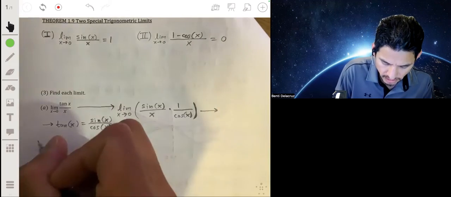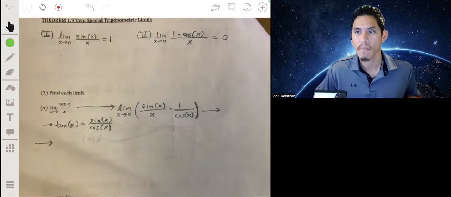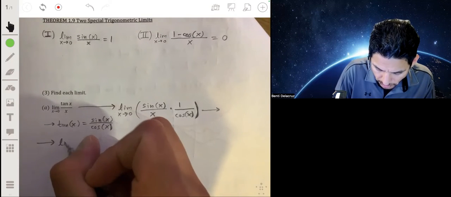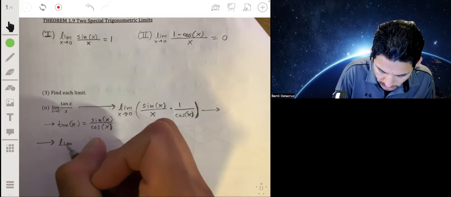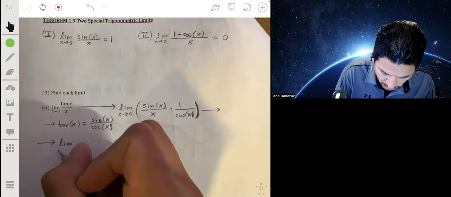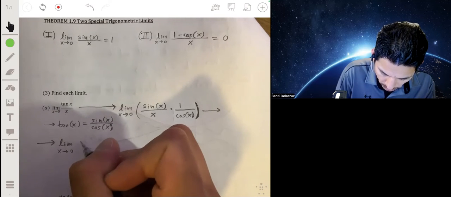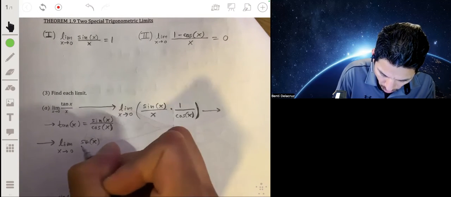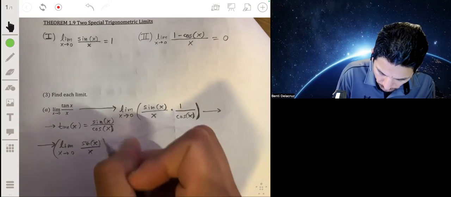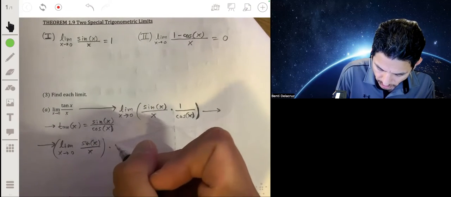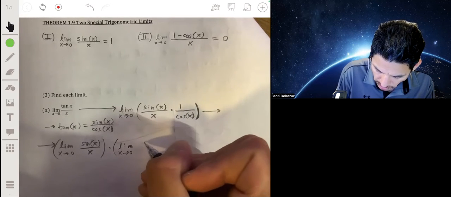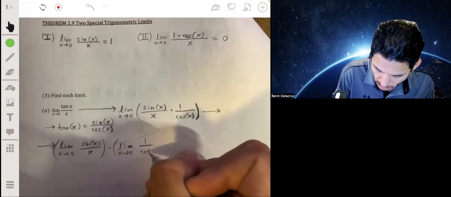We're just breaking apart the math because we can apply this limit here. Let's go to the next line to make this clear, and let's write this properly so we don't get lazy. We're going to break this into the limit as x approaches 0 of sine of x over x, times the limit as x approaches 0 of 1 over the cosine of x.